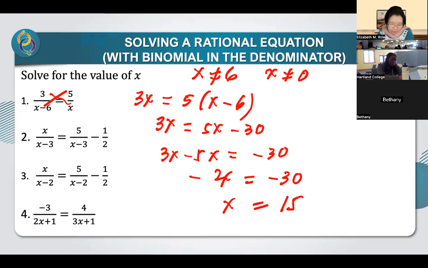With that idea, will you please solve number 4? Because they are almost of the same procedure.